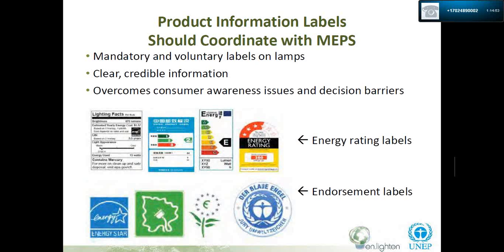It basically tells you that if you trust this brand label, for example Energy Star or Eli or Blauer Engel, it means that that authority has reviewed the product performance and endorses the energy efficiency of the product. So these are two different approaches, and both can be used very effectively even in the same market.